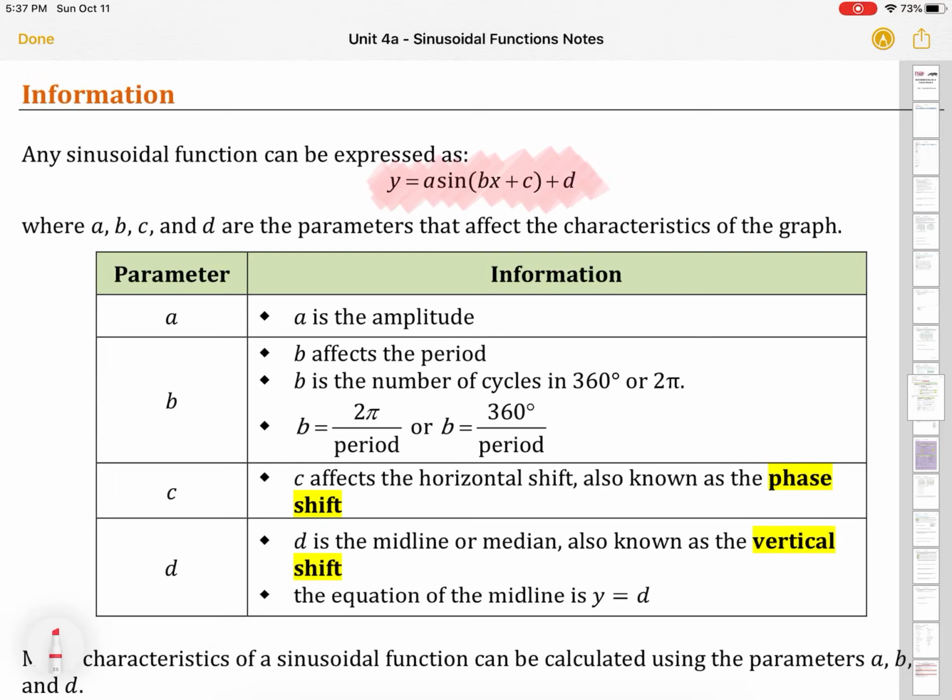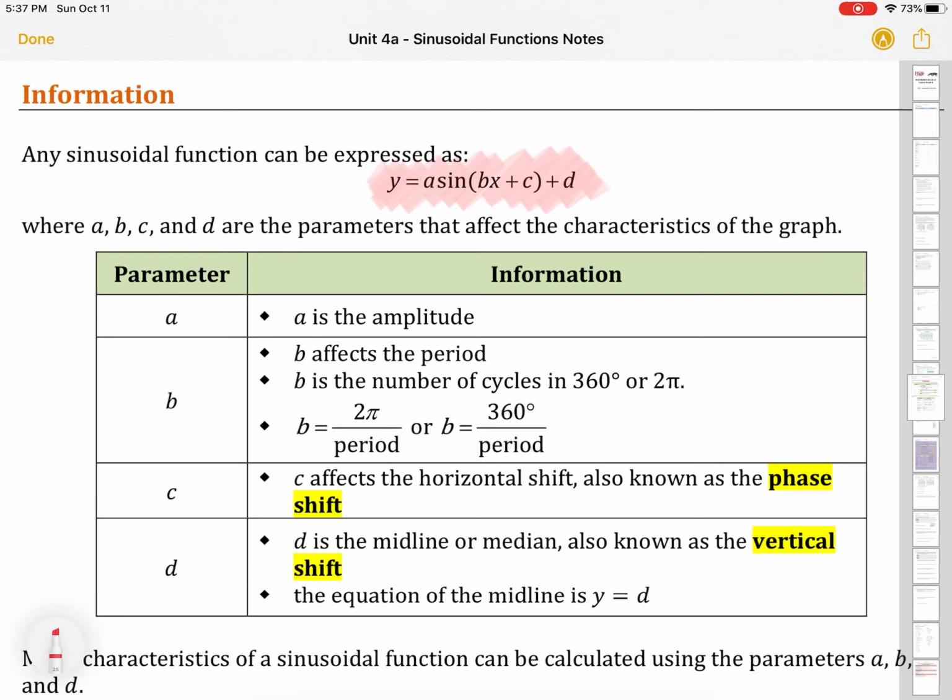So any sinusoidal function can be expressed as y is equal to a sine bracket b of x, or b times x plus c close bracket plus d. And remember, we've just looked at what each one has done, and you can, whether you did it on your calculator or you tried out a simulator to test it out, we can see what's happening.